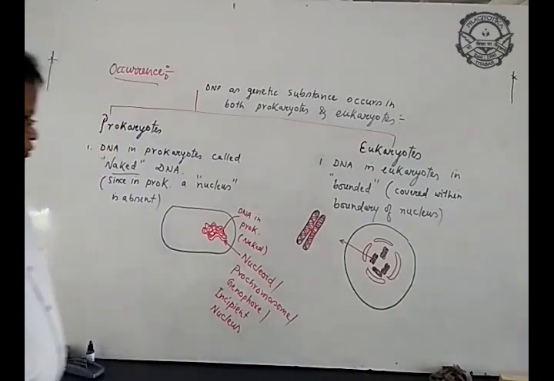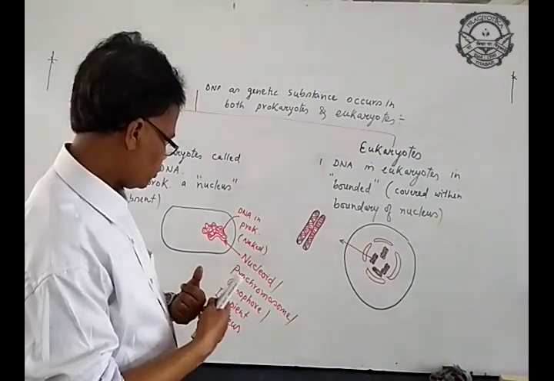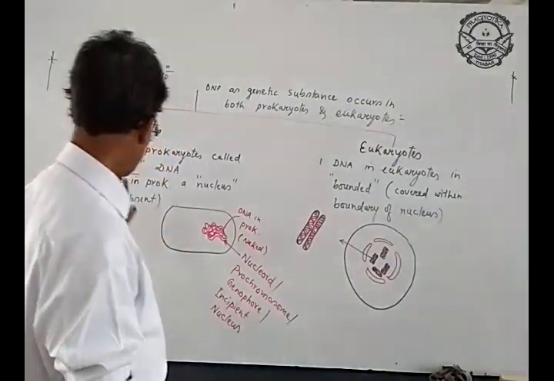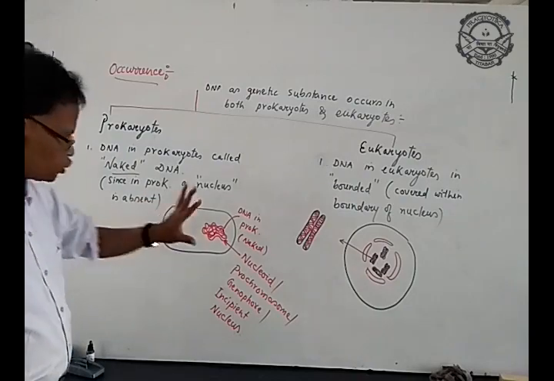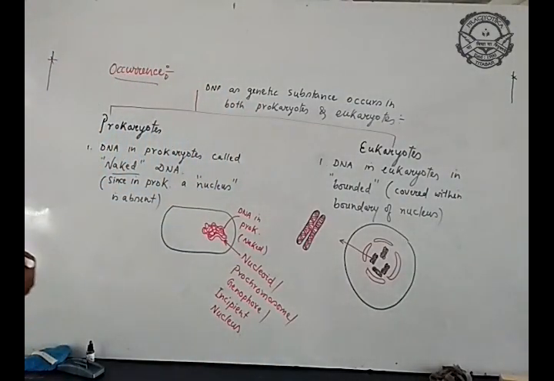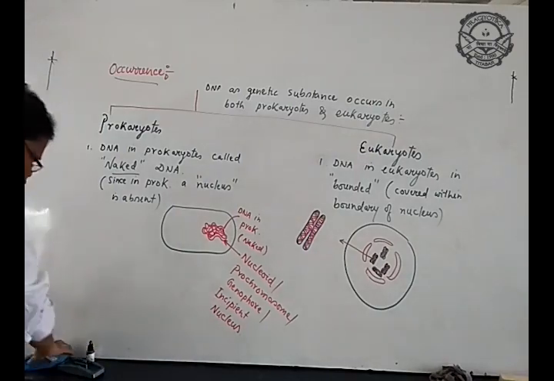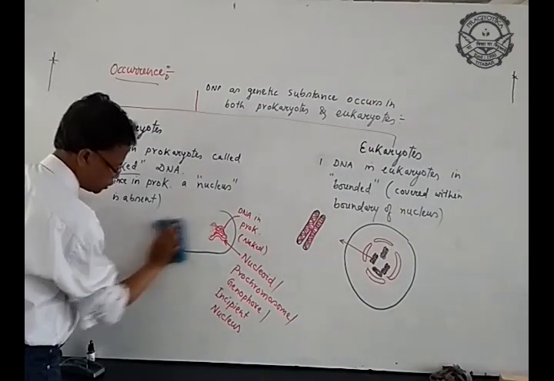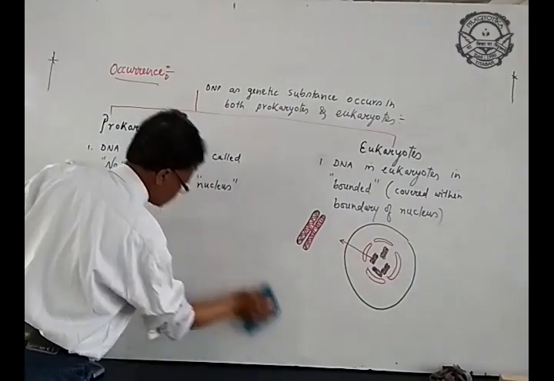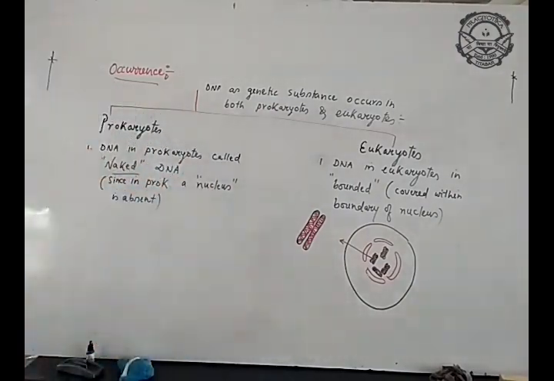There is another cause of why DNA is called naked in prokaryotes. This is very important information and must be noted. Let me draw the diagram to explain why the DNA of prokaryotes is also called naked.